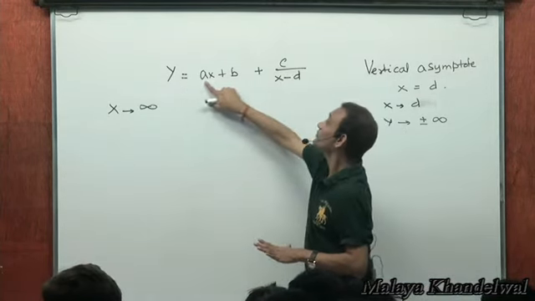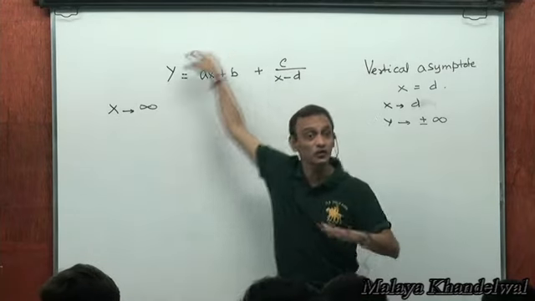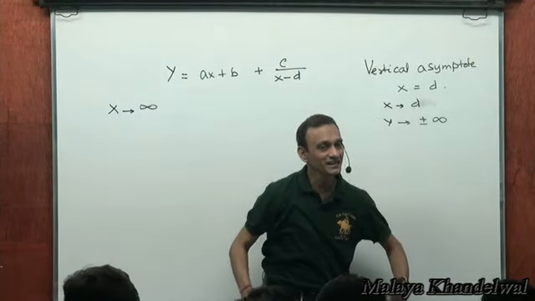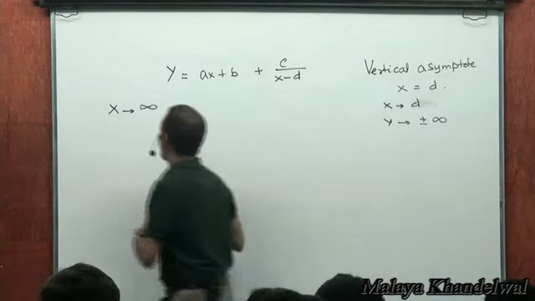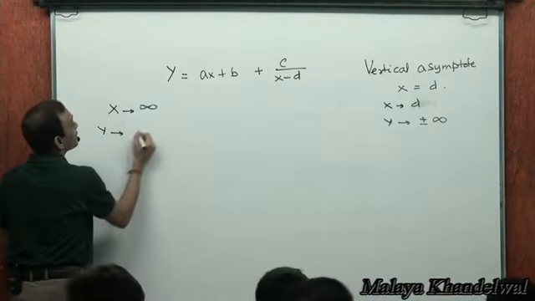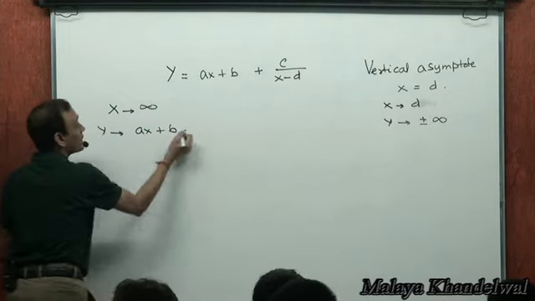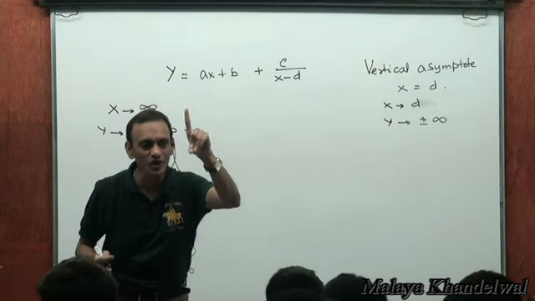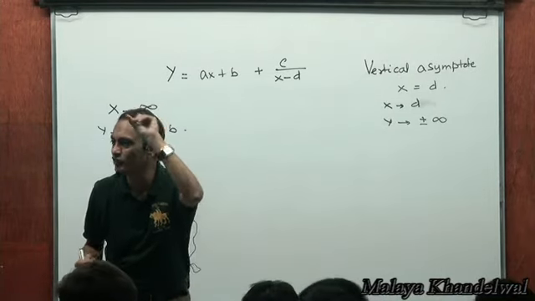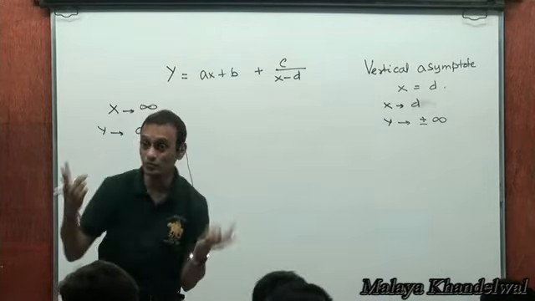Therefore, the curve comes closer and closer to the line y equal to ax plus b, and therefore y equal to ax plus b must be an inclined asymptote.